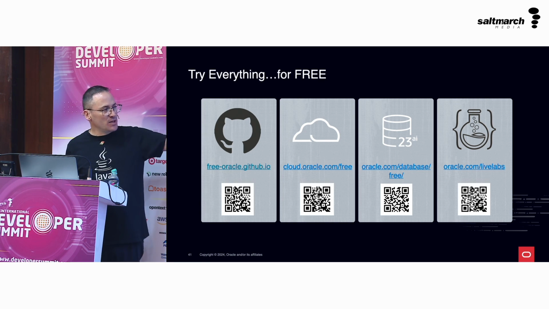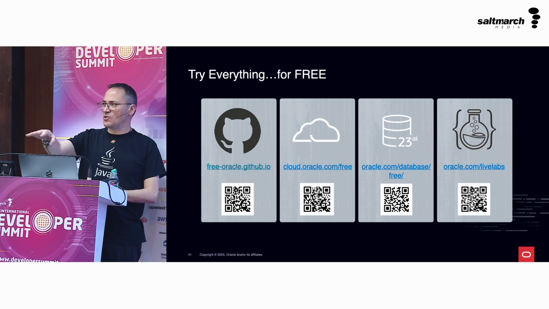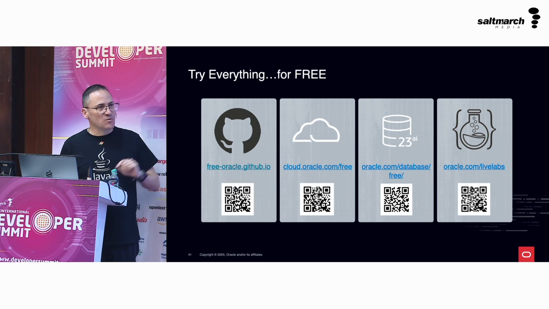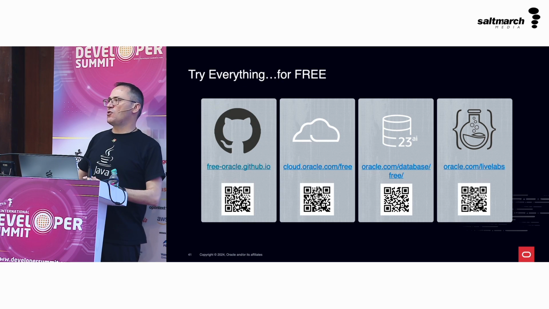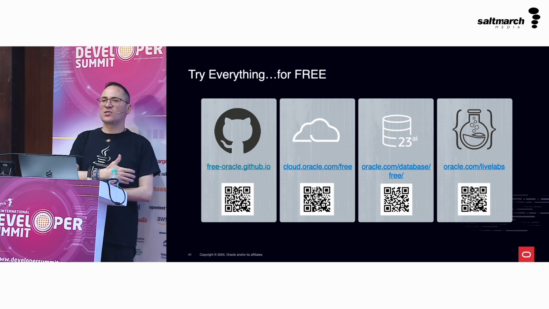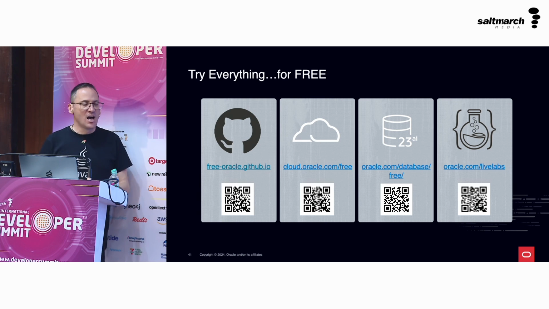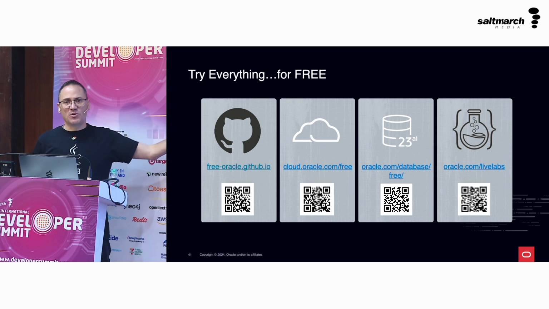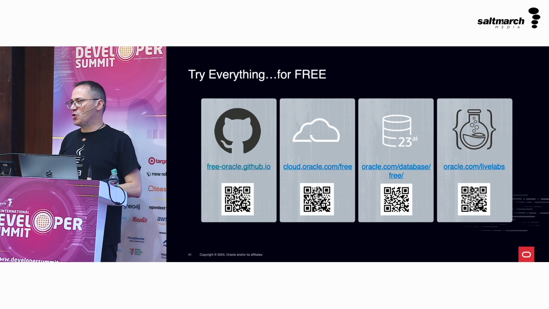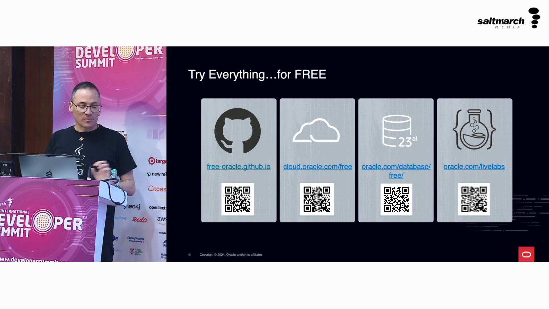The third one is where you can download the free edition of the database that you can run on Linux, Windows, and Mac. And the last one is a set of workshops that you can also run for free with a lot of other technologies. There's Micronaut, Spring Boot, Quarkus, plain Java, and all of those things. All these resources are completely available to you at any point in time and always for free.